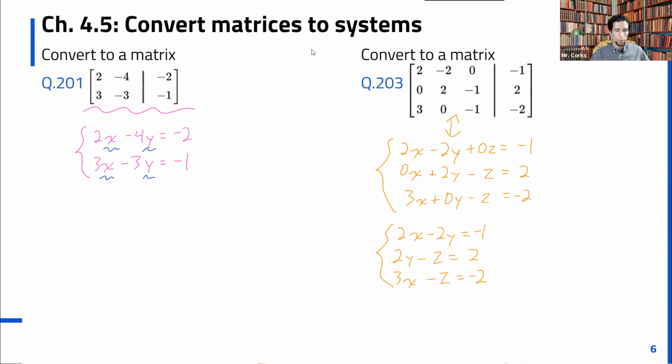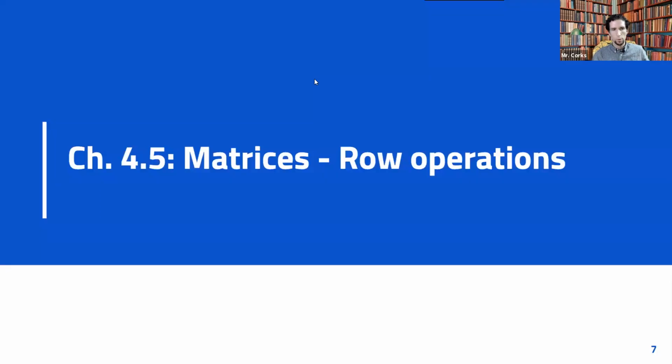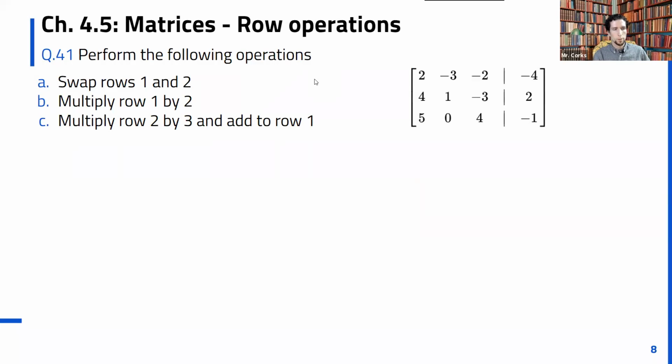So just the row operations. I do have a slide re-explaining it, but let's try this without first. All right, so our first thing that we're being asked to do here, we're given this matrix and we are asked to swap rows 1 and 2 in this matrix.